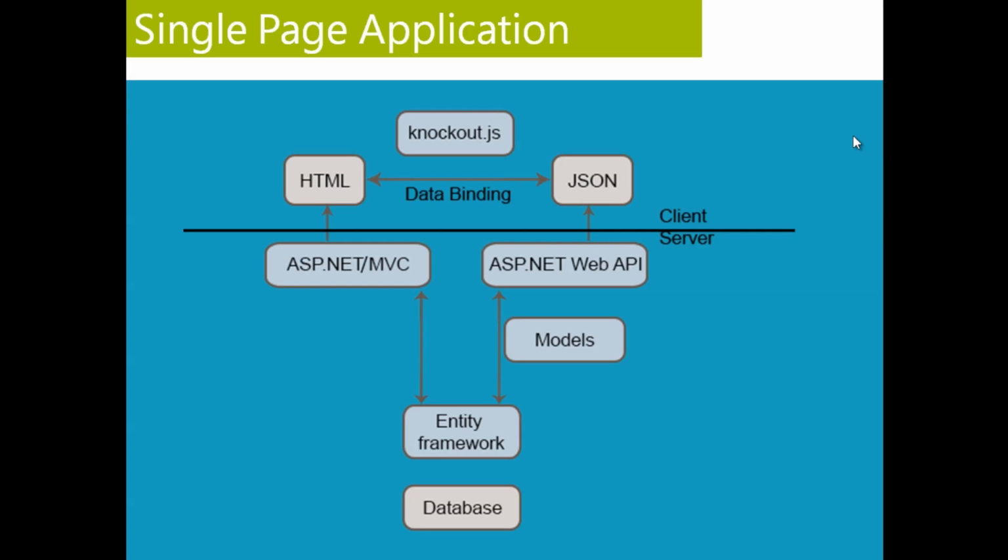In order to bind the rendered HTML and JSON data, we can take the support of Knockout. Knockout.js helps you simplify dynamic JavaScript user interfaces using the Model-View-ViewModel, popularly called the MVVM design pattern.